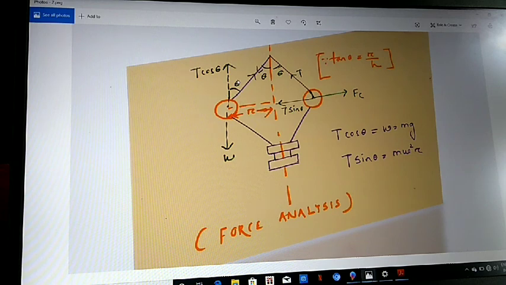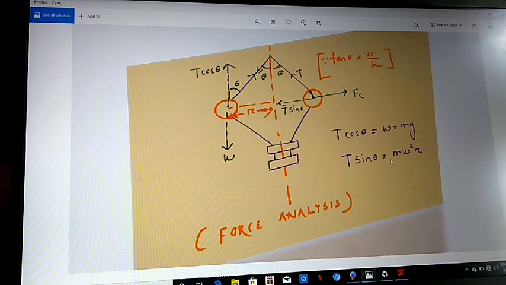If it is theta, this is also theta. T cos theta balances the weight W in the vertical downward direction, and T cos theta acts in the vertical upward direction. So T cos theta is equal to W, that is equal to mg, first equation. Next, T sin theta will balance the centrifugal force, which acts away from the center due to the rotation of the fly ball about the spindle axis, in the rightward direction, and T sin theta in the leftward direction.